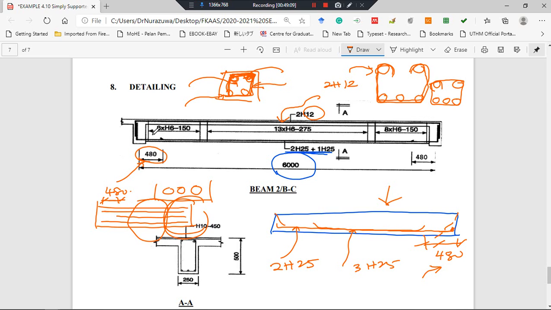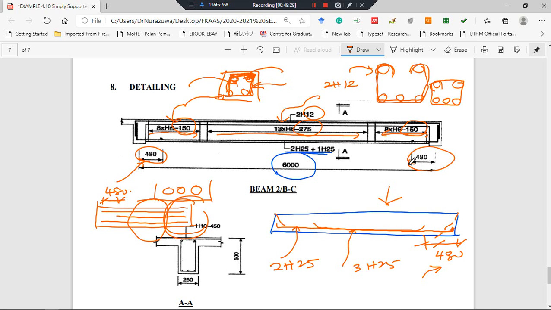So this is the spacing for the shear link. This is the shear link and this is the minimum shear link, and here is the shear link with the spacing 150, 275 and 150. So this is the cutting 480.